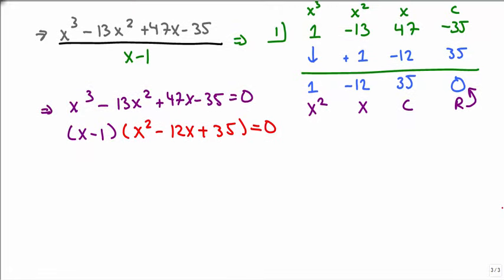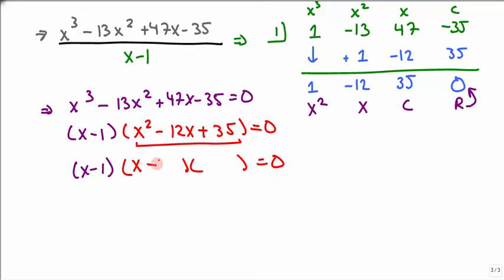Okay, so now when I'm looking at this, I need to find those other values. We already know they're 5 and 7. Where do they come from? Well, as it turns out, I can actually factor this into a product of binomials. So whether you learn to use the AC method or the reverse FOIL method, either way, this factors into x minus 7, x minus 5.